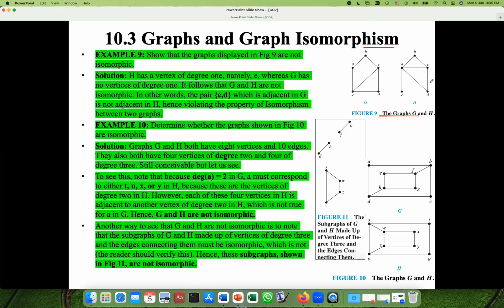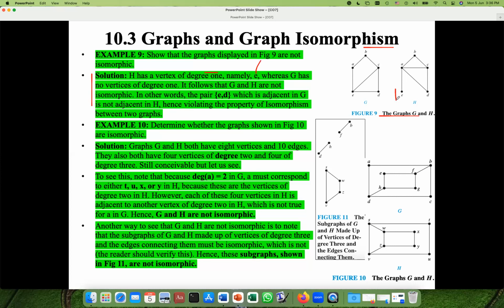And what it means, let's have a look over here. The graph H will have the degree 1, this vertex E. So based on degree, you can also conclude that they are not isomorphic. This is another new thing that you have learned from the previous example.